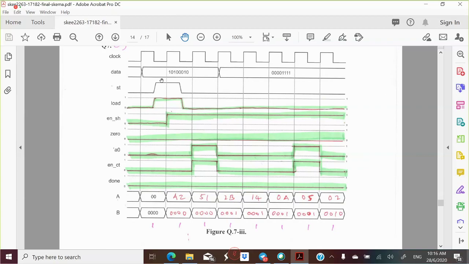And then enable shift is right here. After you load and you start, you got the enable shift go up, right? And then you have 0. 0 never turns up. Why? Somehow this is not finished.